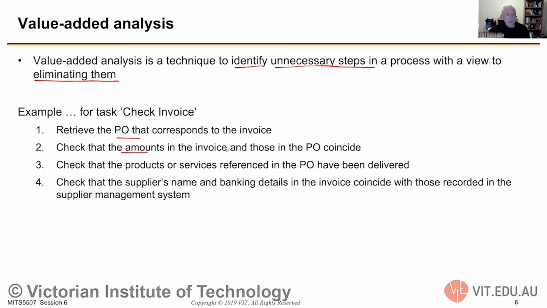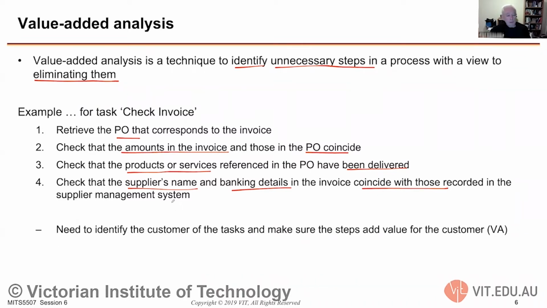We check that the amounts in the invoice and those on the purchase order are the same. We check that the products or the services that people have ordered on the purchase order have actually been delivered. And we check that the supplier's name and the banking details on the invoice are the same as those recorded in the supplier management system. So they're checks we have to do, and they're just fairly simple checks for an invoice. It's a fairly mundane task.